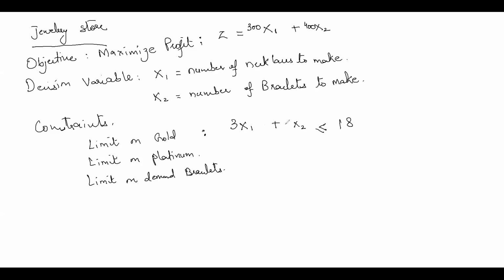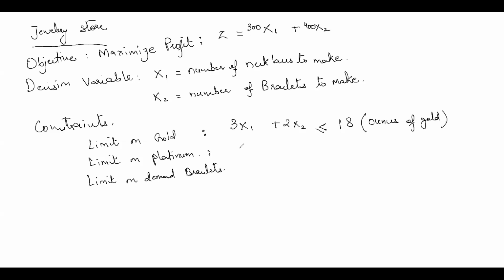And we need 2 ounces of gold for a bracelet. So even if we make one, it should be less than or equal to 18 ounces in total. We cannot go above 18. That's why I put less than or equal to 18 ounces. We cannot go above this.